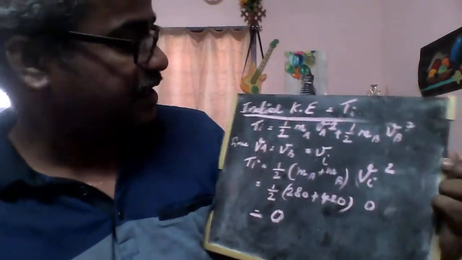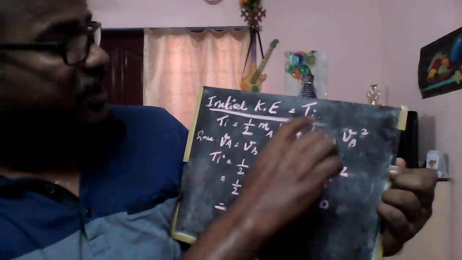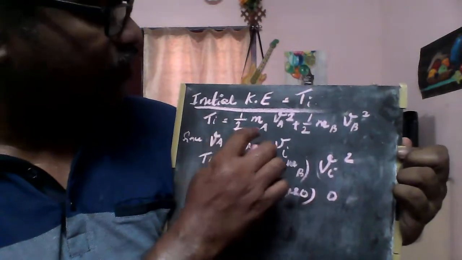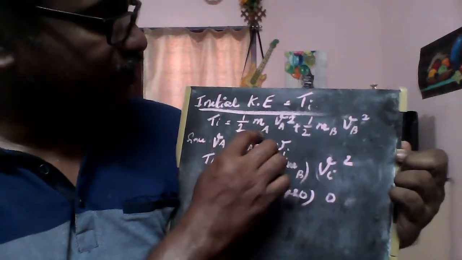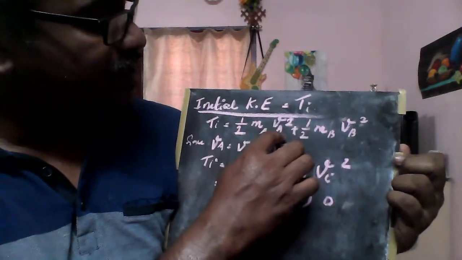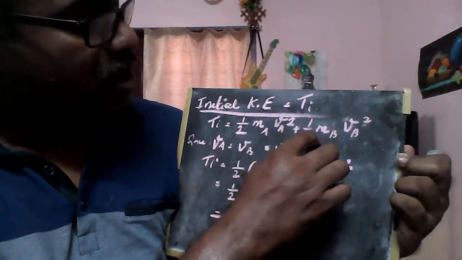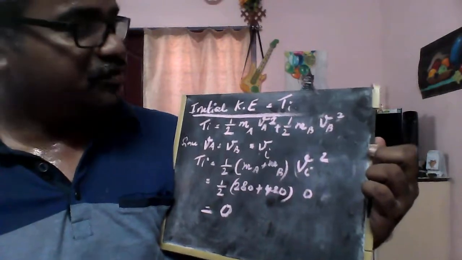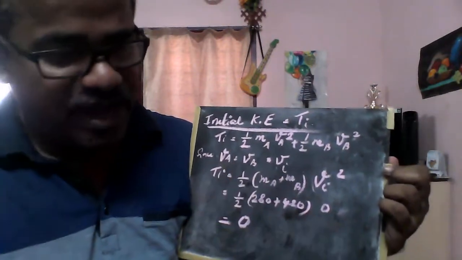The initial kinetic energy I am notating as Ti, right? Ti will be half into Ma, the mass of the first body, into Va square, plus half into Mb into Vb square, that is the velocity of B square, because we have two bodies.